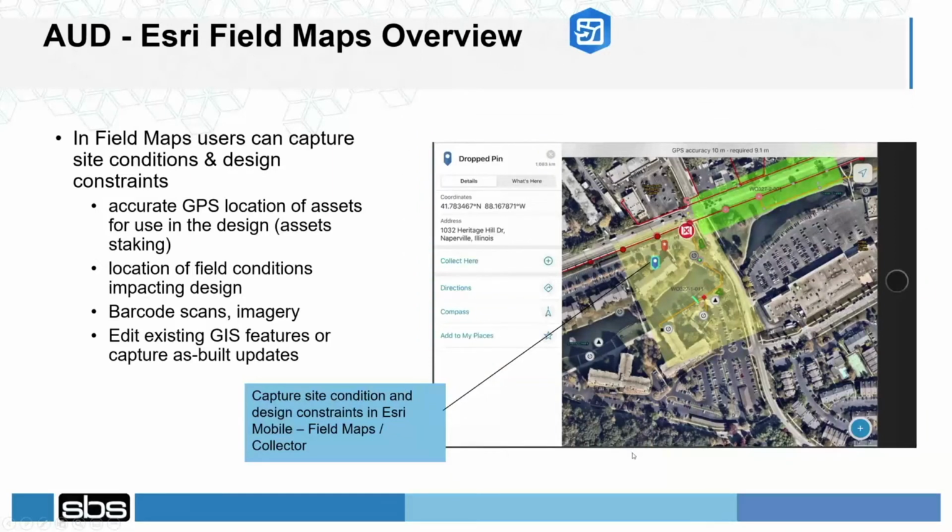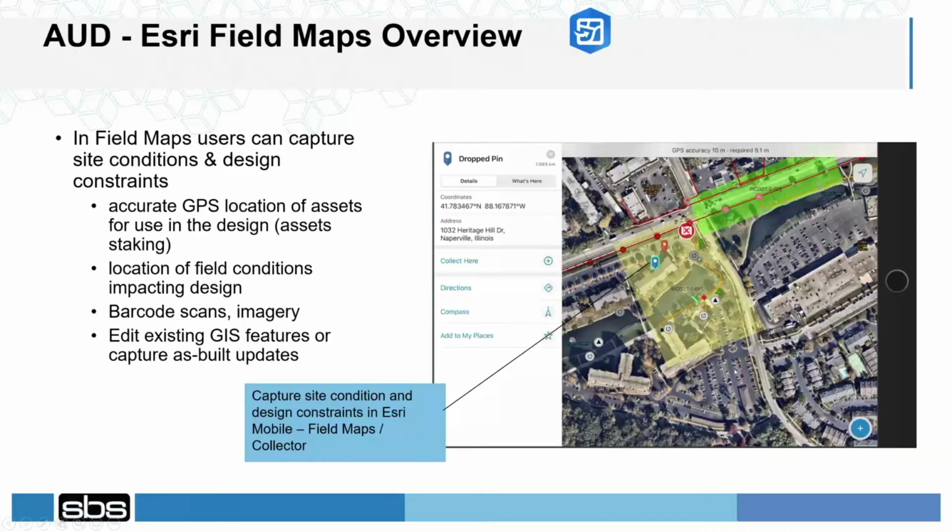One of the applications provided by Esri is Field Maps. This is what Esri now recommends as the main access to all the field-related data, and it is fully supported with UDH Mobile. It allows users to capture GPS location and field conditions, do barcode scans, and edit existing features.